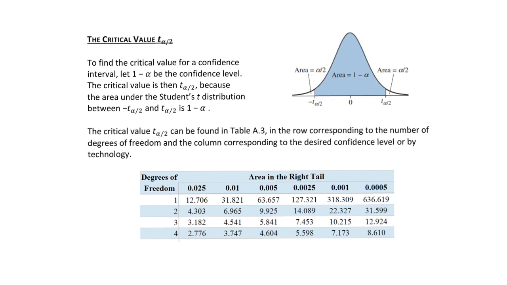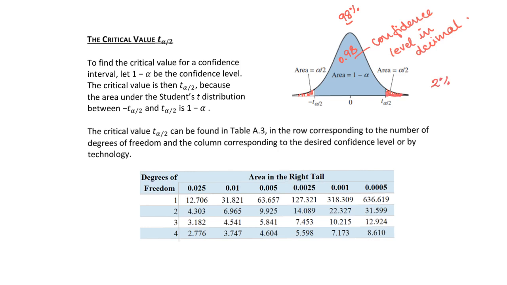The idea behind the critical value is the same as the one for the normal distribution. To find the critical value for a confidence interval with a given level, let's say 1 minus alpha, this will be the confidence level expressed in decimal. Assume that the confidence level is 98%. So this area will be 0.98. The remaining area, the sum of these two areas, will be 100% minus 98%, that is 2%.